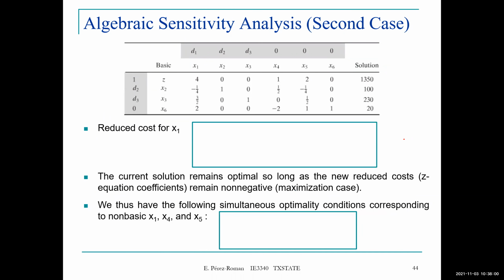So for example, the reduced cost for x1, let's do that one, will be equal to this coefficient times this coefficient, this coefficient times this coefficient, this coefficient times this coefficient, plus this coefficient.